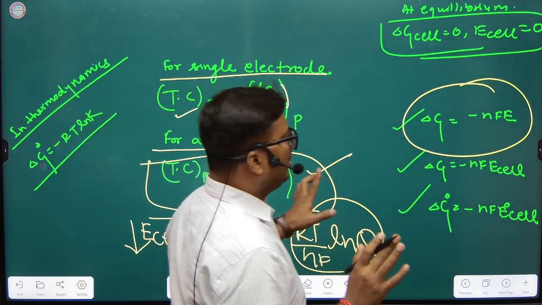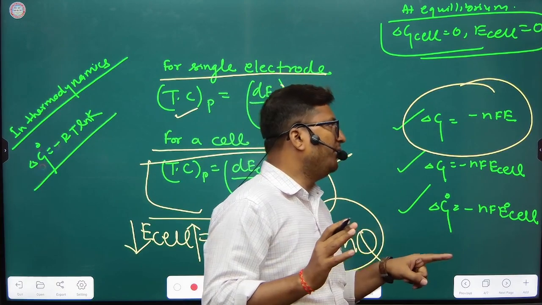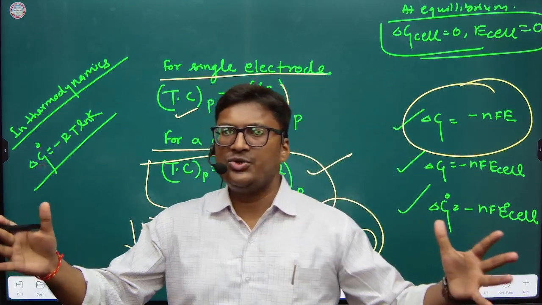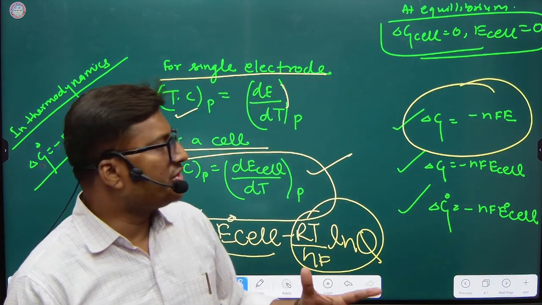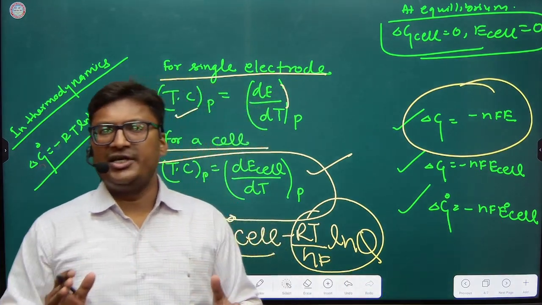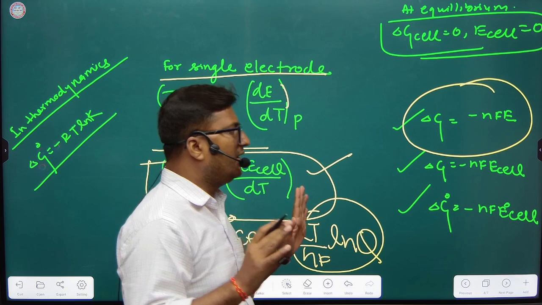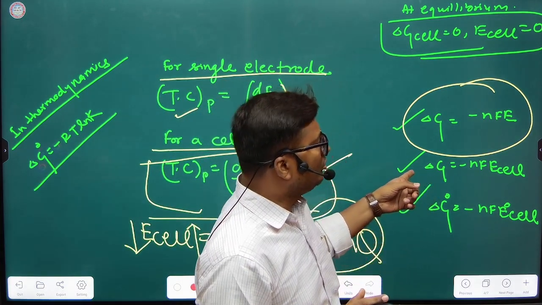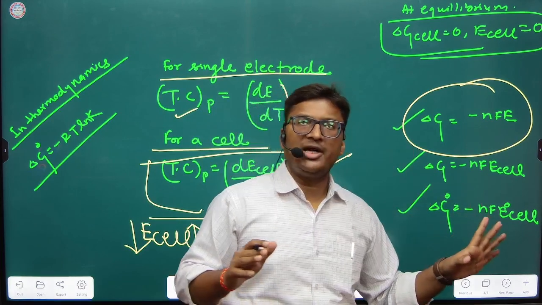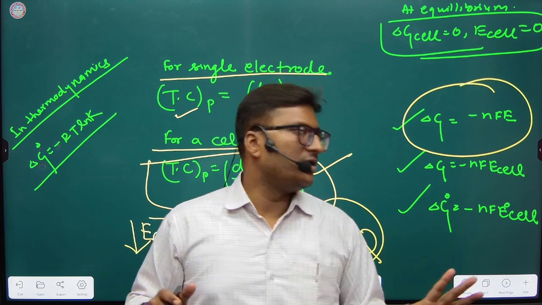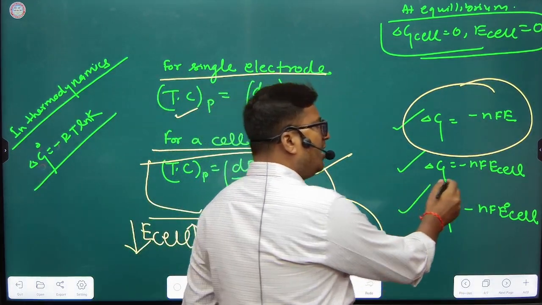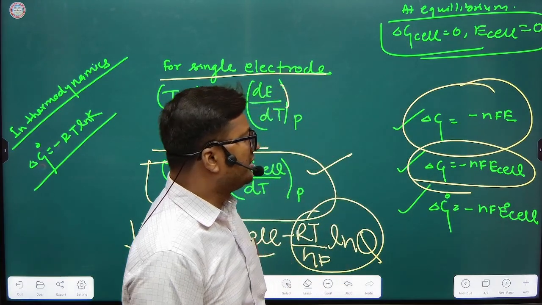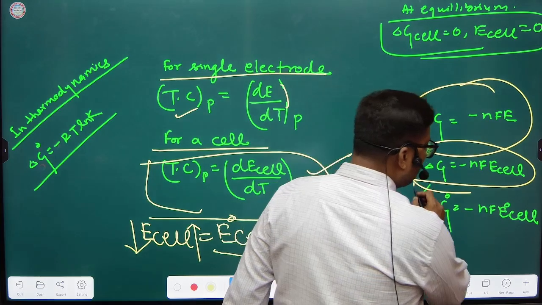It depends on that. If we have both cathode and anode, and they are coupled to each other to construct an electrochemical cell, then we have a cell potential, and the change in Gibbs free energy is equal to the maximum work obtained by the electrochemical cell. So this will be minus nFE cell. This is for a spontaneous reaction.